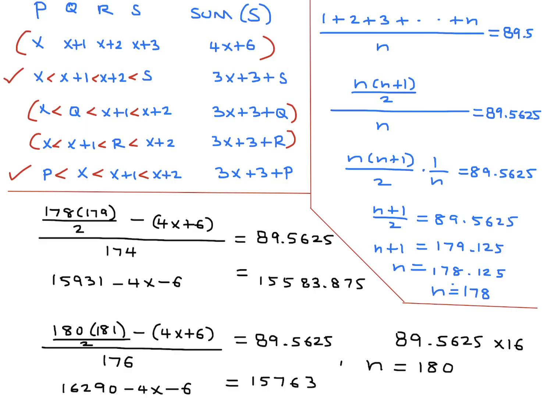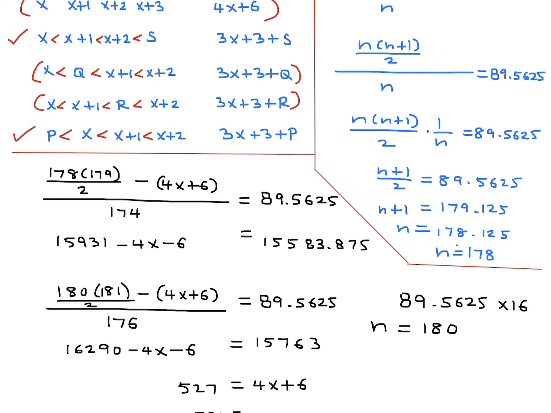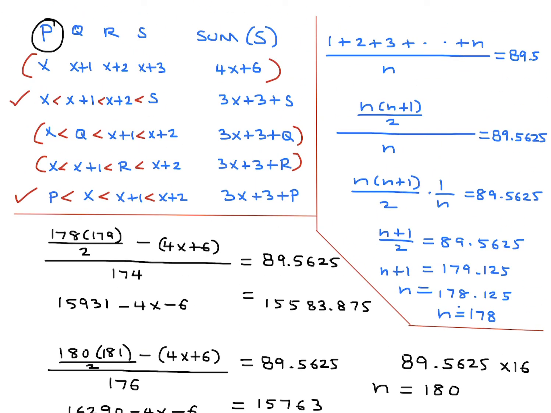Okay, that's pretty good. So if I'm going to solve for x, bring everything over, and we're going to get 4x plus 6 is equal to, when I make that subtraction, 527, and therefore 4x is 521. And then x would be 130.25. Oh, that's a problem because x represents p and p has to be an integer. Okay, so that's no good.